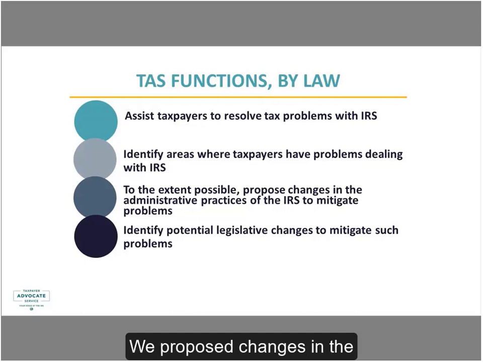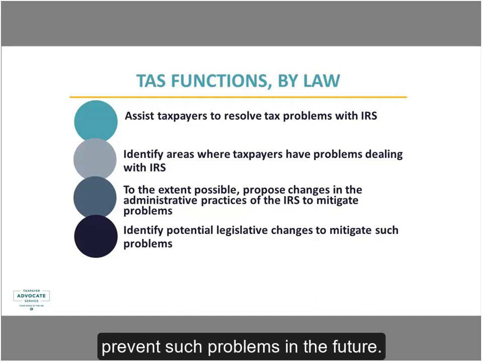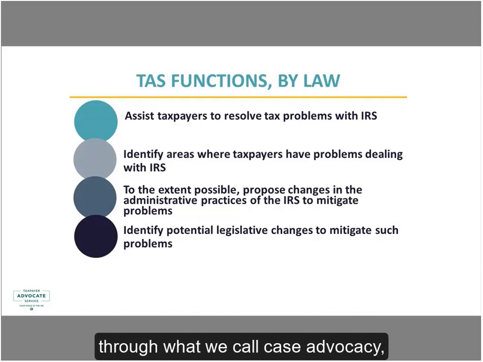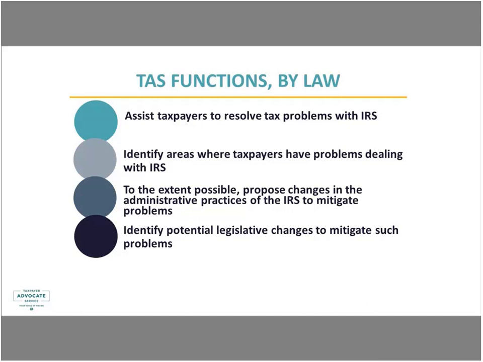To the extent possible, we propose changes in IRS administrative practices to mitigate and prevent those problems, and identify potential legislative changes that may be appropriate to prevent such problems in the future. We take our responsibilities very seriously. I'll discuss how we do these things through what we call case advocacy, systemic advocacy, and through working directly with the IRS for administrative changes, and with Congress for legislative recommendations through our annual report.